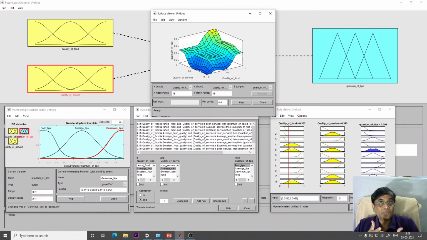And that may help you avoid wasting your time, effort, money in applying to those universities where the possibility of getting admission is poor. Or on the other hand, if the possibility of getting admission is excellent, you should go ahead and apply to those universities. So all kinds of examples are possible, all kinds of problems you can solve which otherwise are difficult to solve without using a fuzzy inference system.